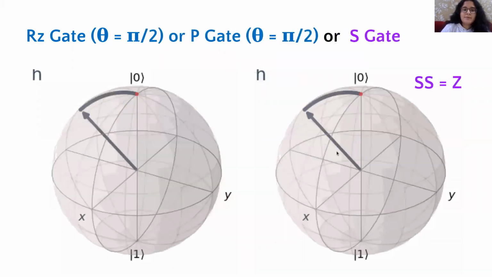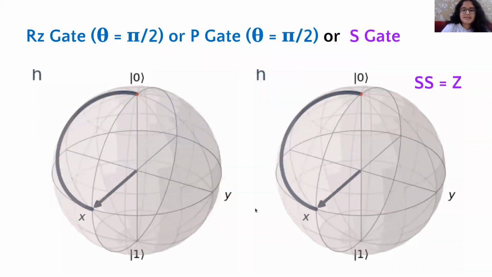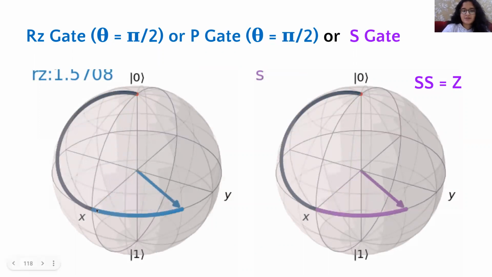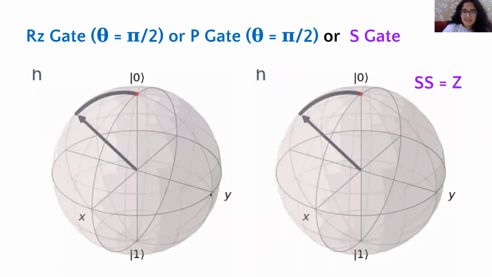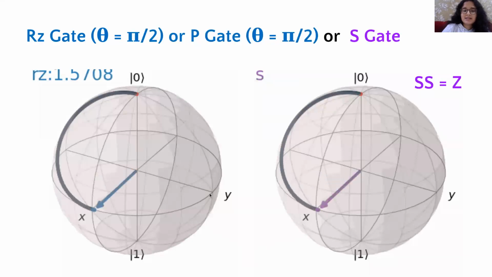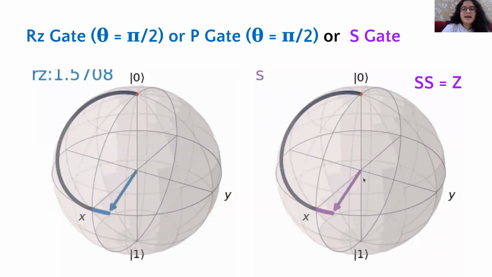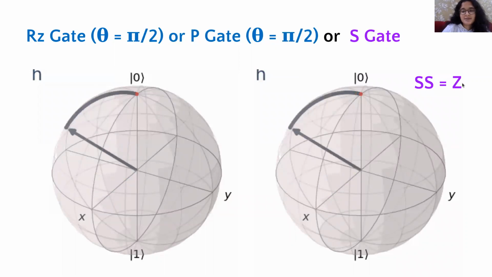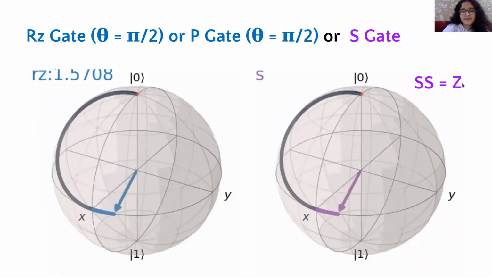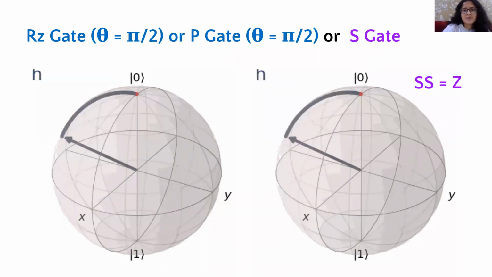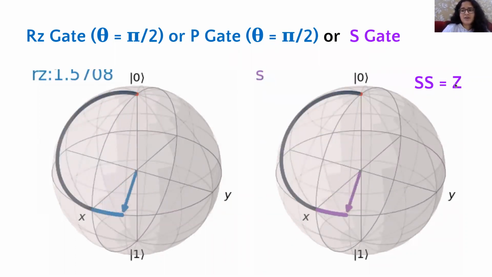Now, if we put pi by 2, then this is what we get, a rotation about the Z axis by 90 degrees. And this gate is very special and has a special name known as the S gate. If we apply the S gate twice, that is a 90 degree rotation on the qubit and then a 90 degree rotation again, which is equivalent to a 180 degree rotation, or that of the Z gate, right?